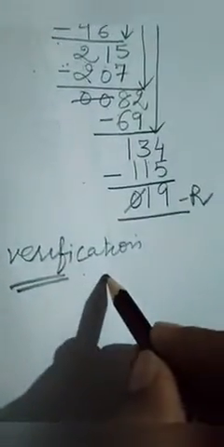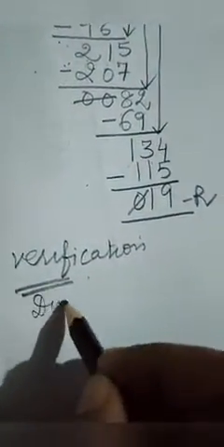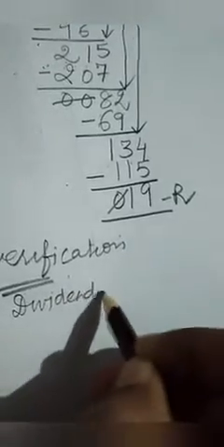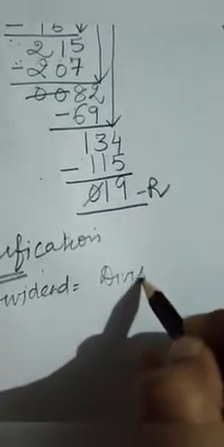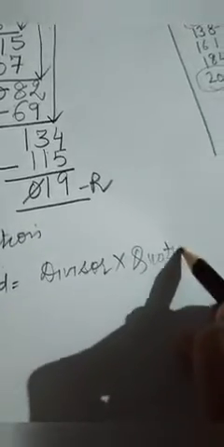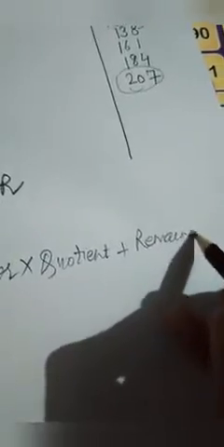Quotient multiplied by divisor. 2935 multiplied by 23. Here we will write dividend is equal to divisor multiply quotient plus remainder.